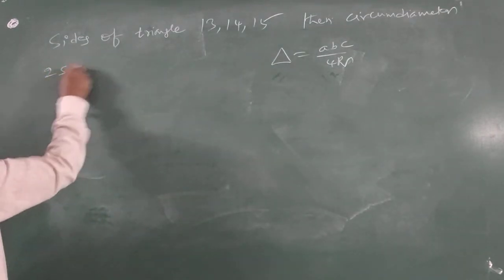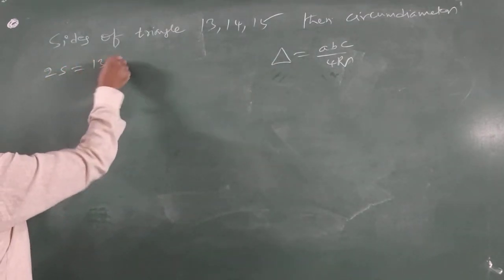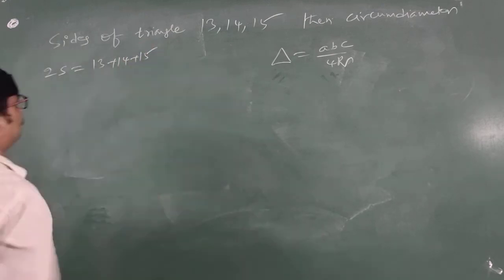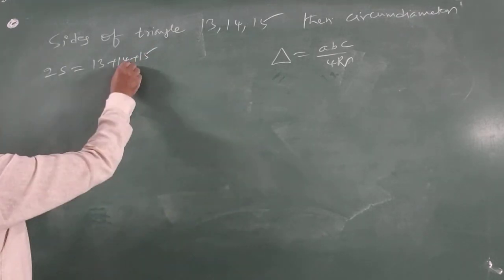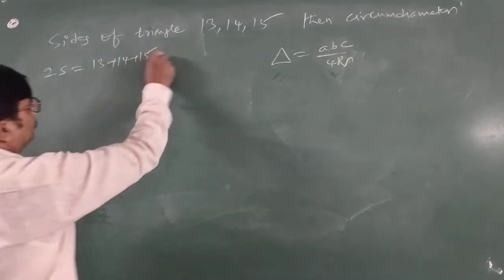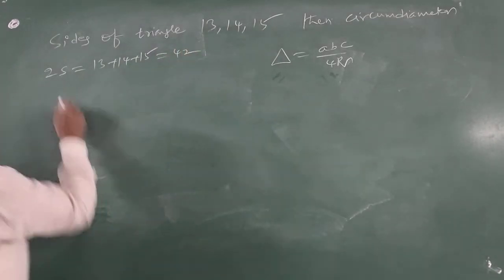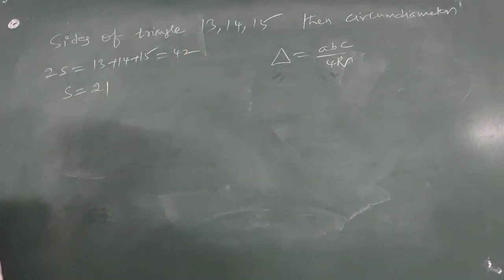First we find the perimeter 2s. 13 plus 14 plus 15, that is 42. s equals 21.